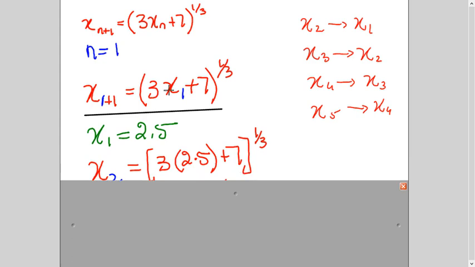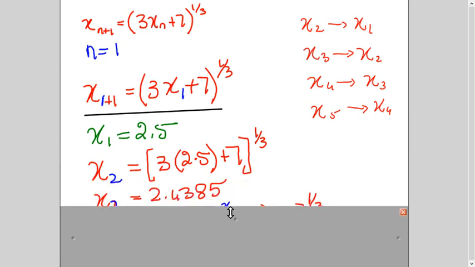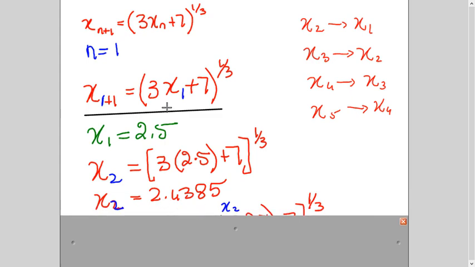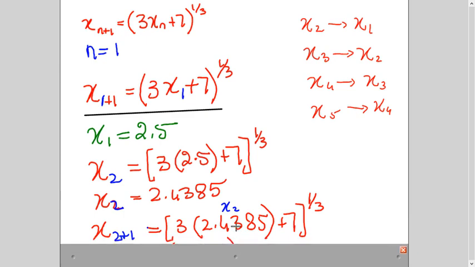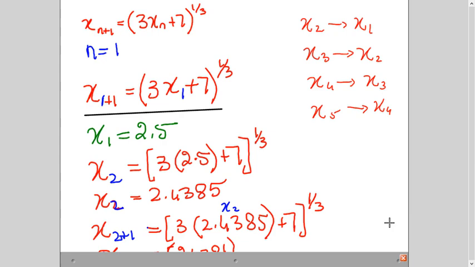So I'm substituting the value of x1 here, solving it, and I got the value of x2. Now this value of x2 I will plug in here, because the next thing is n equals 2, because you gradually increase. So when you put x equals 2 here, the answer you get is actually the answer of x3. And so on we will go on.